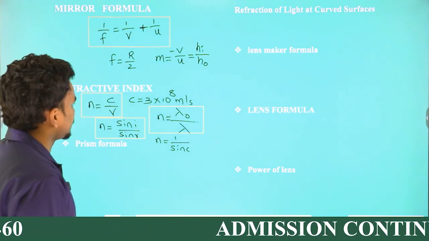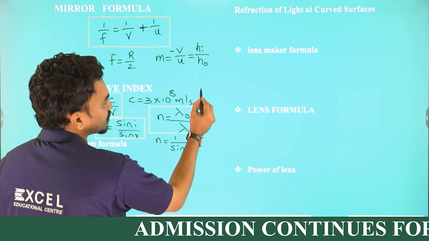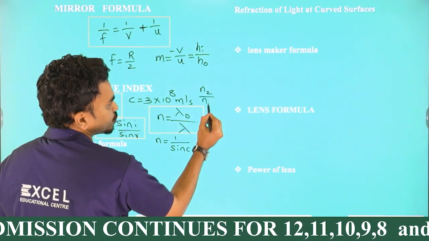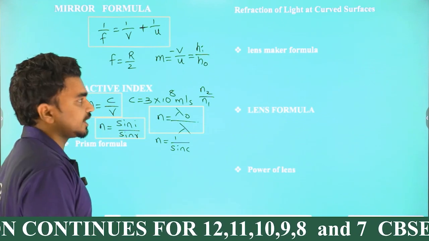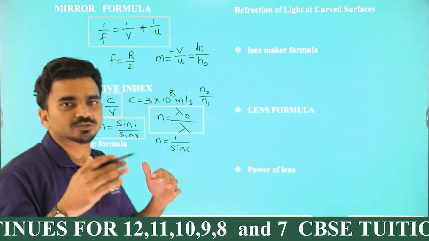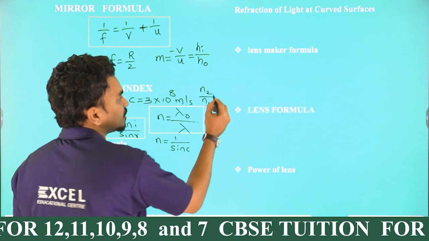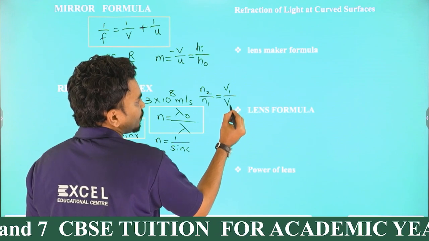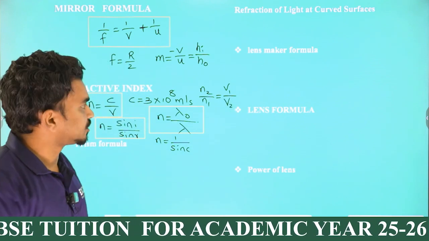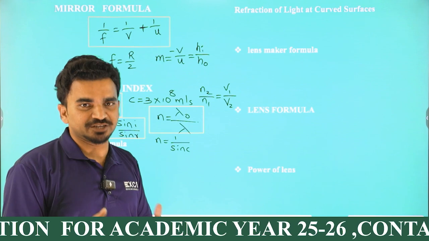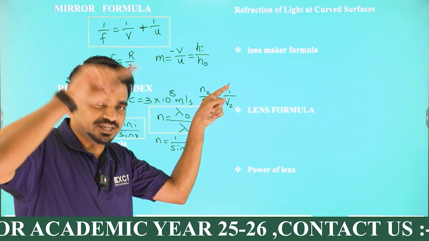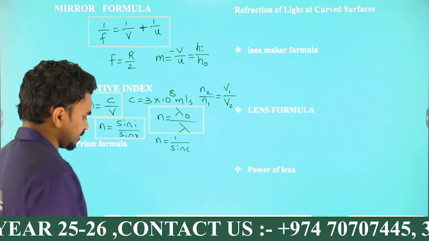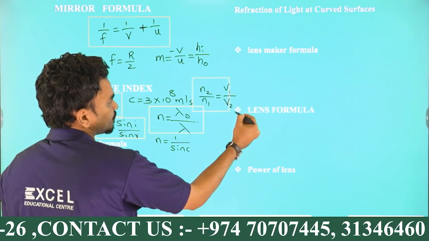Another result to remember: if you are comparing the refractive indices of two media, n2/n1, the refractive index of the second medium with respect to the first, is equal to v1/v2, the speed of light in medium 1 divided by the speed of light in medium 2. I will show this in demonstration questions. Keep that relation in mind.